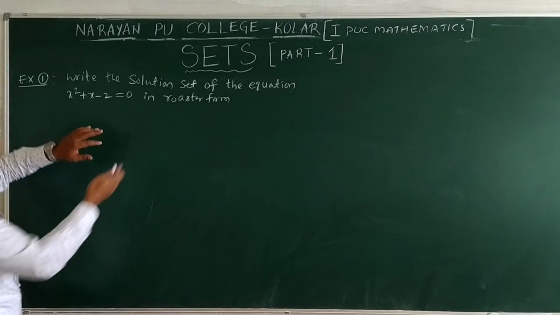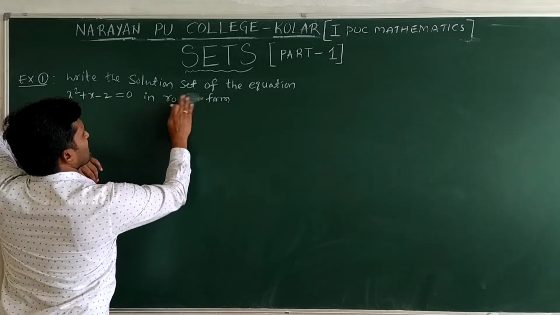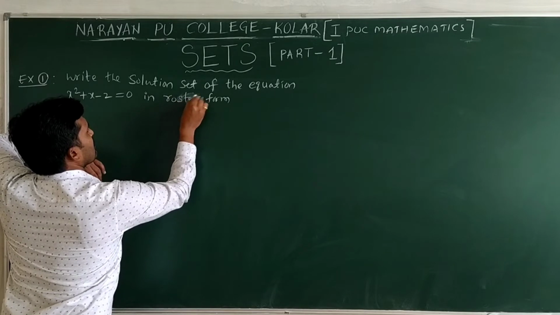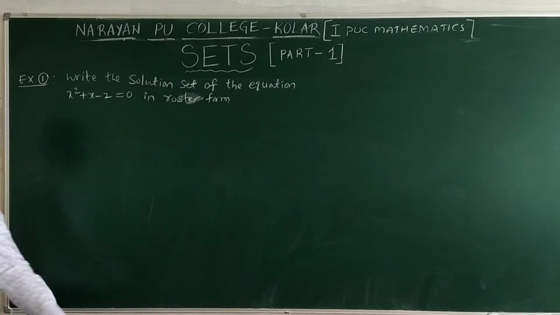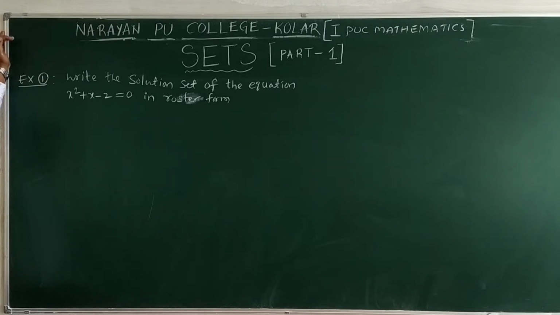Roster you can take with the 'e' here, but without it also you can take, no problem. Roster form, as I already said, is the set of all elements expressed in between braces, separating each element with commas.